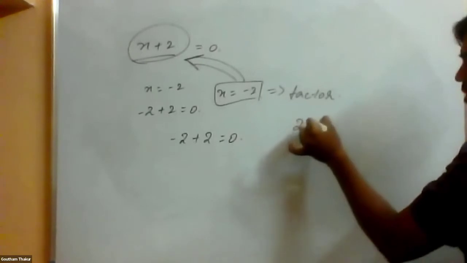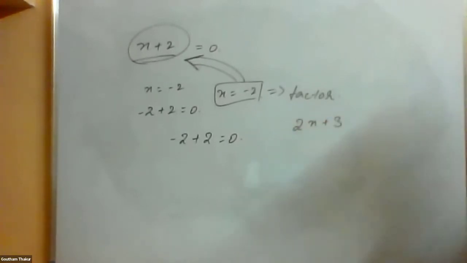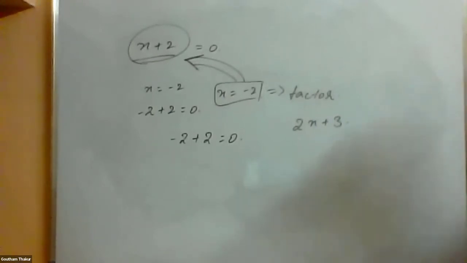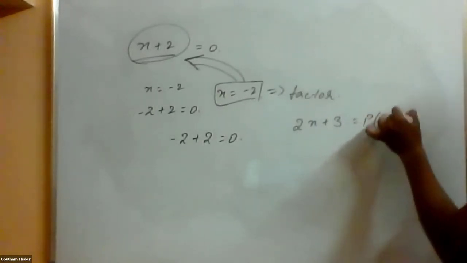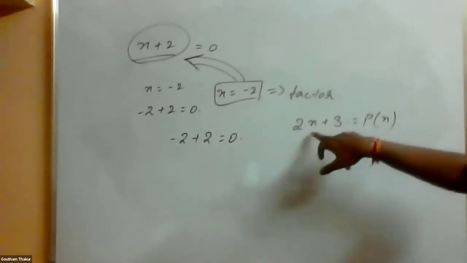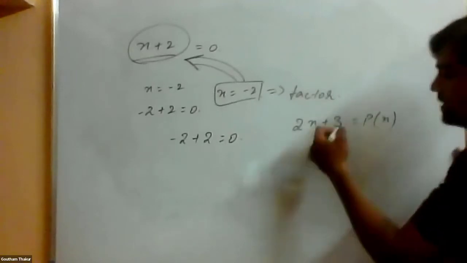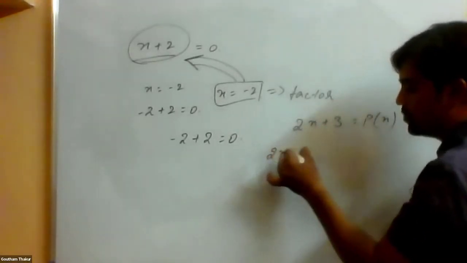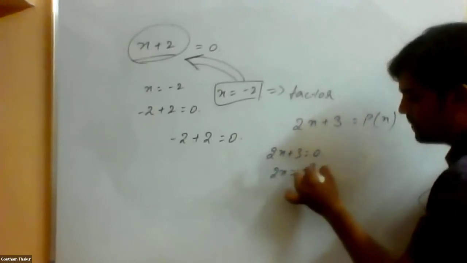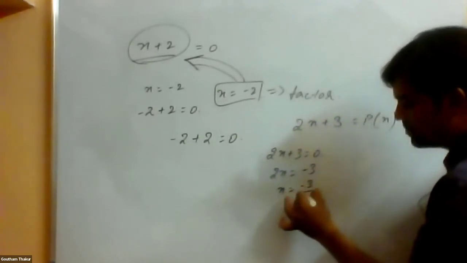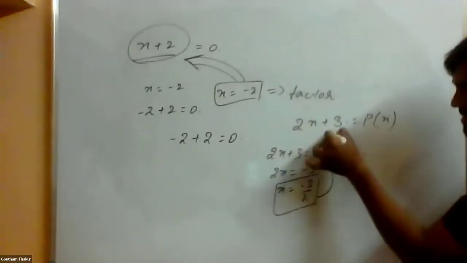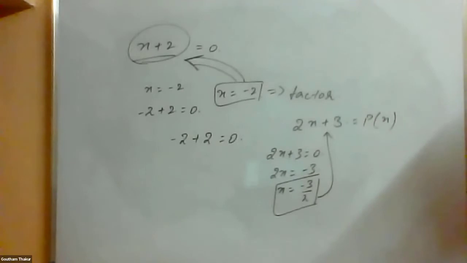For example, I have 2x plus 3, my polynomial. What is the value of x? Let me equate this with 0. 2x plus 3 equal to 0, 2x is equal to minus 3, x is equal to minus 3 by 2. Now let's substitute x equal to minus 3 by 2 in this.